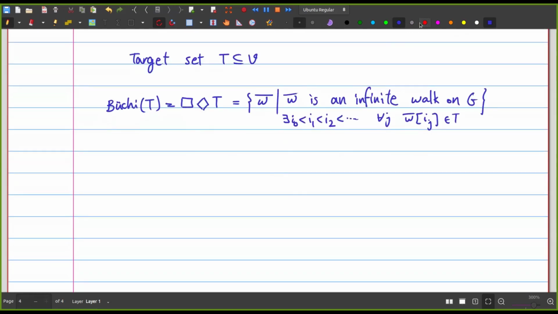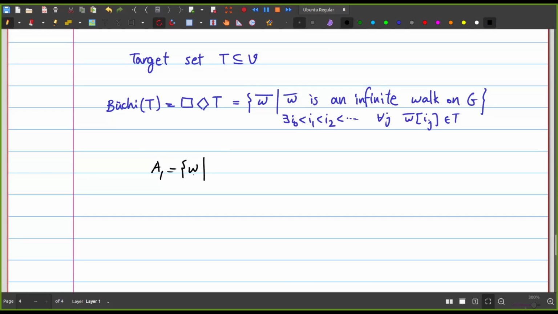Now, again, just like the case of reachability, I have to figure out whether this is even an event. Is Büchi of T an event? Well, here's what I can do. Again, let's look at finite paths. Let me define a set A1, and I say this A1 is the set of finite walks on my graph G that visit T exactly once.